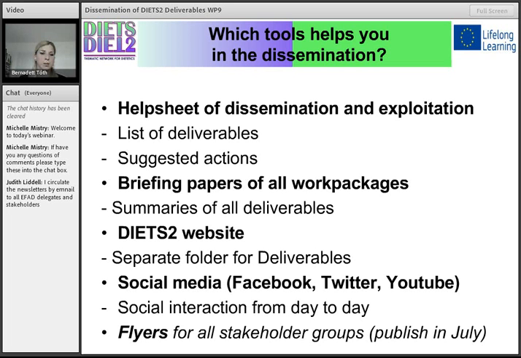These are the summaries of all deliverables and can be used, for example, for press releases, articles, and the dissemination as a whole. The Diets2 website you could see on the print screens, and the social media give an opportunity for social interaction from day to day. And we will also make flyers for all stakeholder groups around July. So this could also help you in the dissemination.